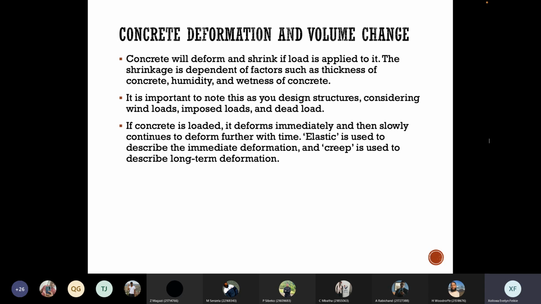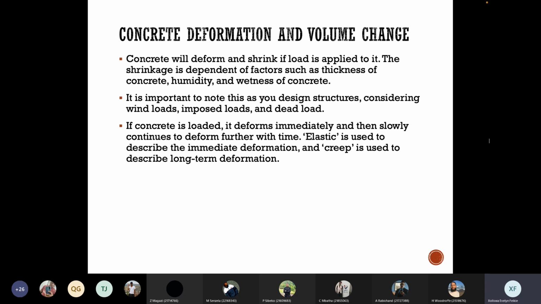So they say that concrete can deform and there is a volume change, right? When we're talking about deformation, remember the bending and the shear you determine in your structures, I think it's civil mechanics 1, where you deal with those things.